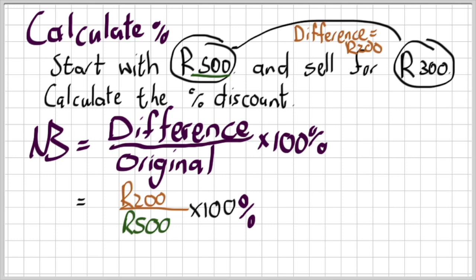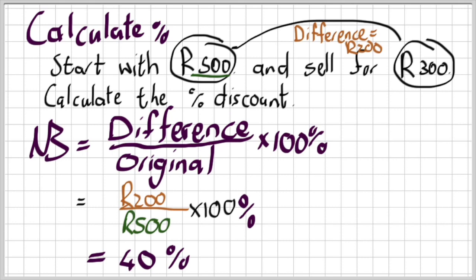If I multiply that by 100%, remember, get out your calculator, but leave that percentage sign there. You'll see that I put it in purple because I don't want you to put that into your calculator. 200 over 500 times 100 gives me 40%.